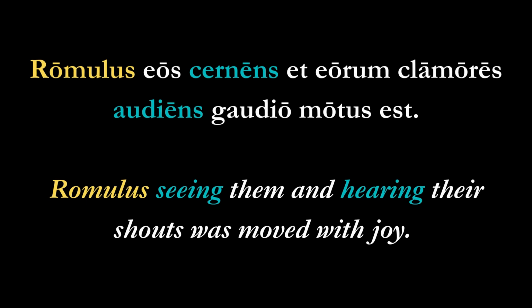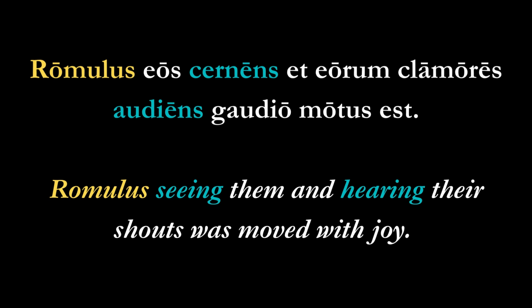So here's our first example, and these come from the Road to Latin textbook, so they might be familiar if you're using that text. Otherwise, it's fine, just normal Latin sentences. We have Romulus, eos cernens et eorum clamores audiens gaudio motus est. So we have two present participles here. They're both modifying Romulus, who is nominative singular. So that's why we have cernens, seeing, and audiens, hearing.